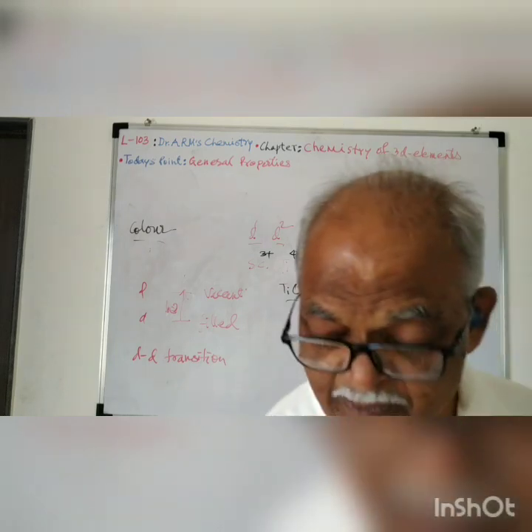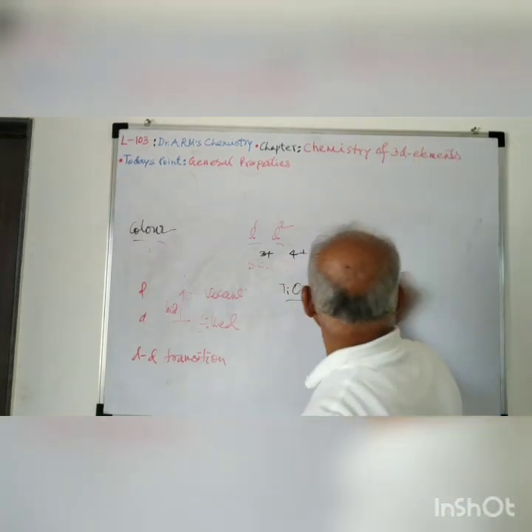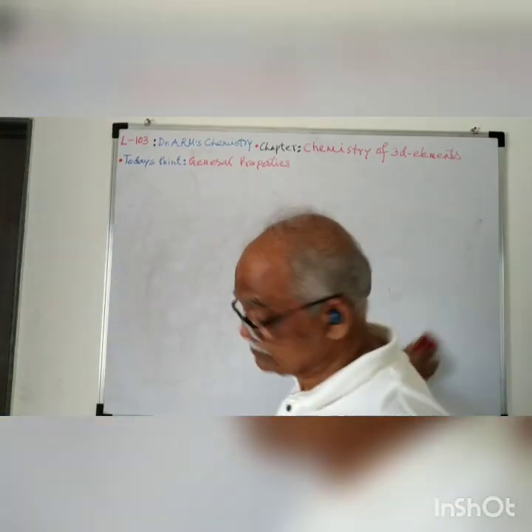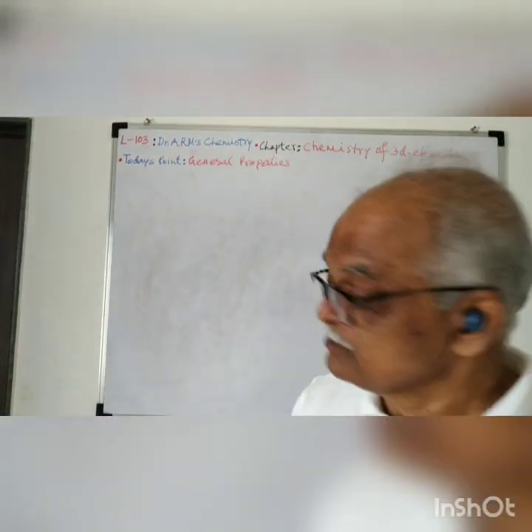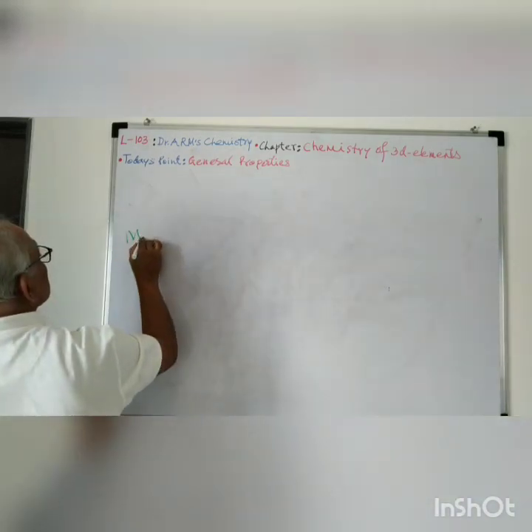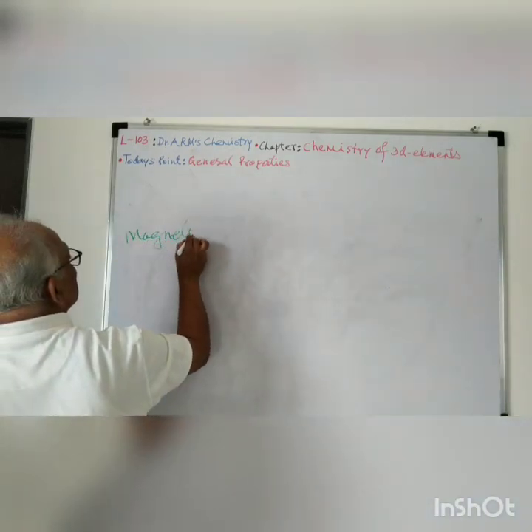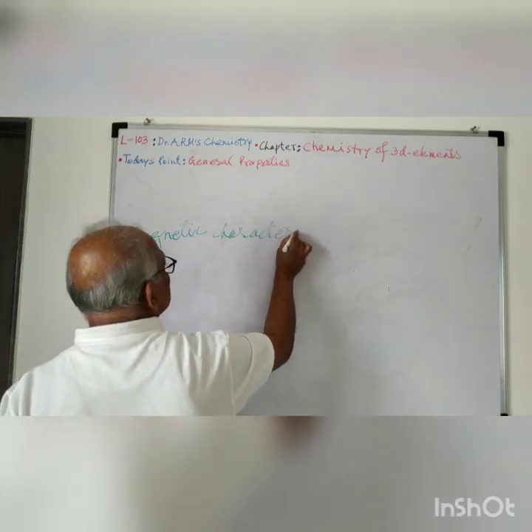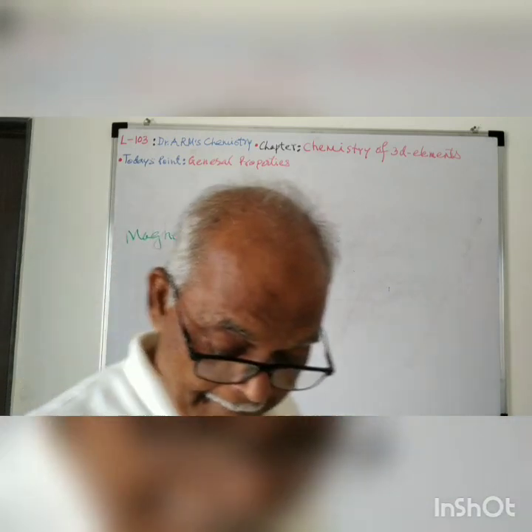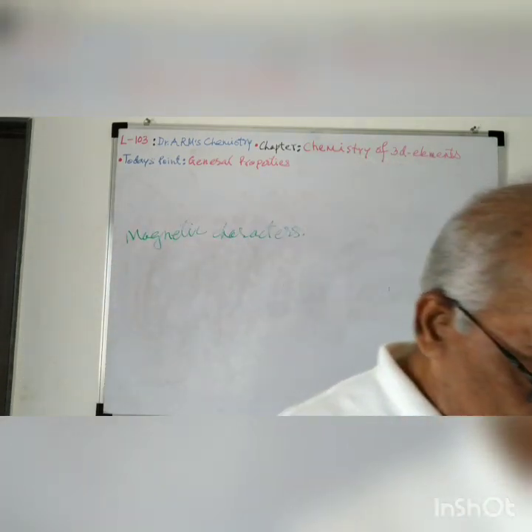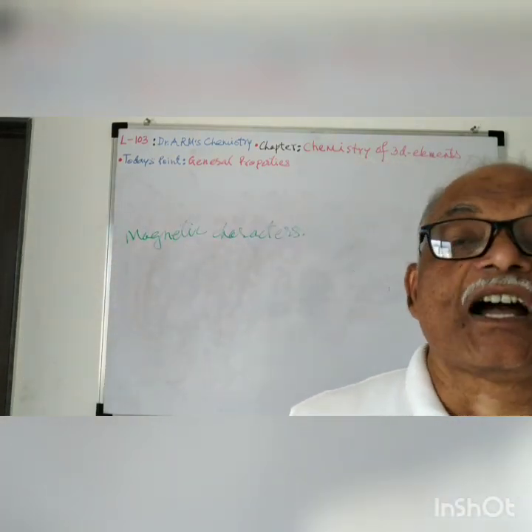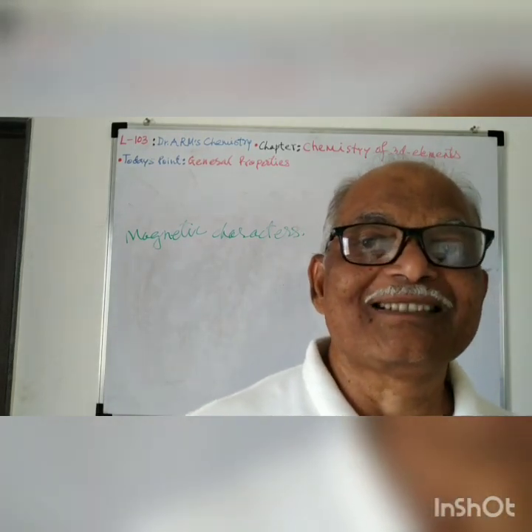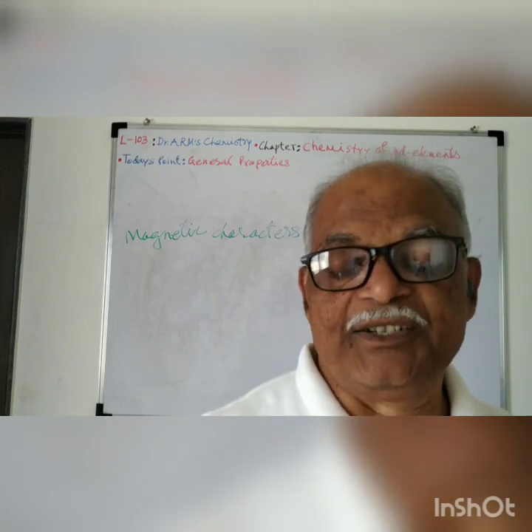Then the next point is magnetic character. Magnetic character also depends upon the presence of electrons in the unpaired state or in the paired state.